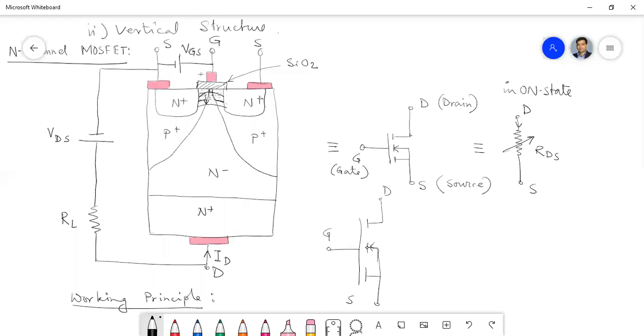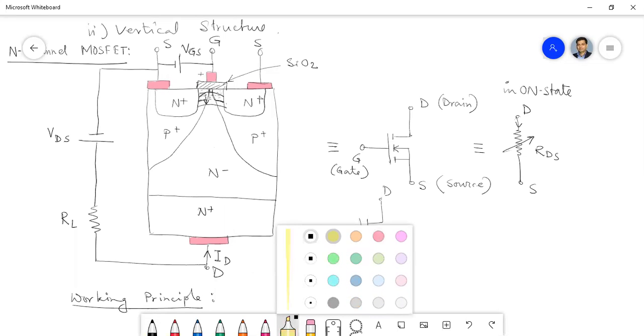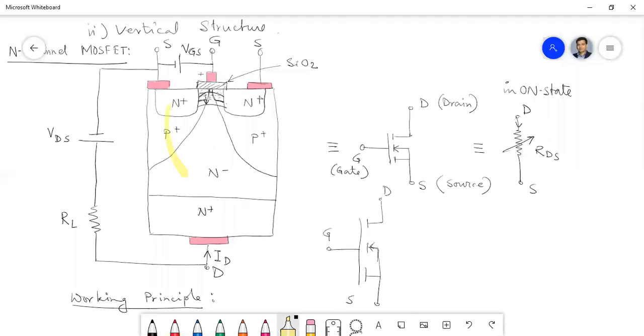Now in the drain, which terminal of the transistor will be connected? It's basically an NPN transistor, so that you can see from here. Let me mark it. So this is basically that NPN transistor. This N is connected with drain, another N is connected with source.